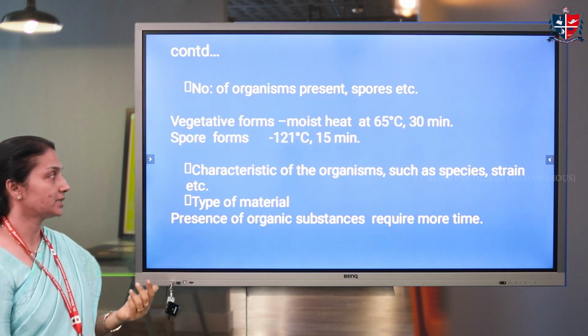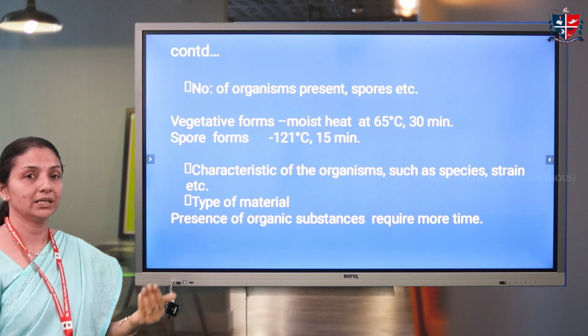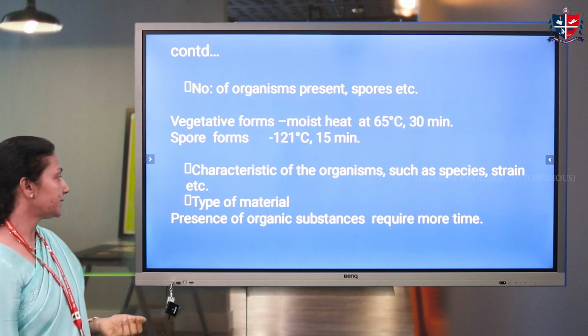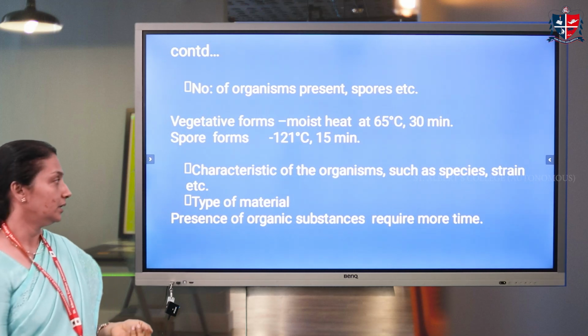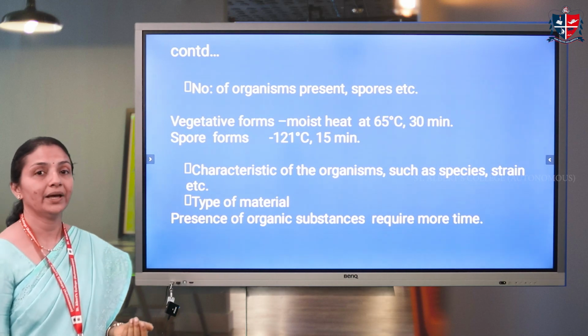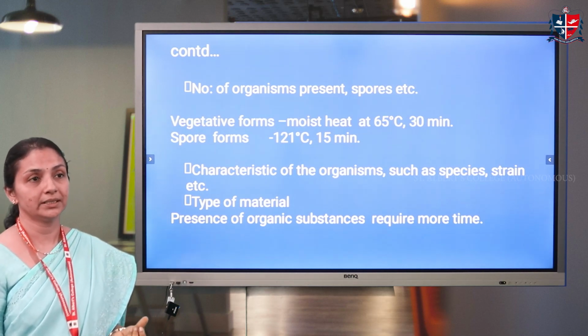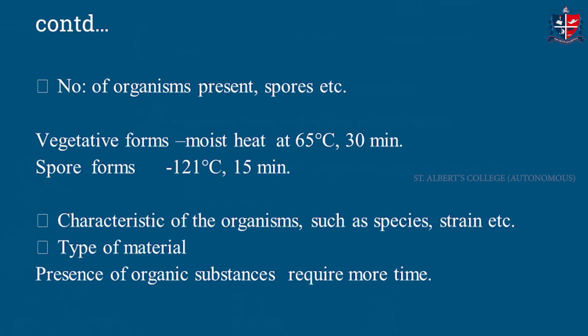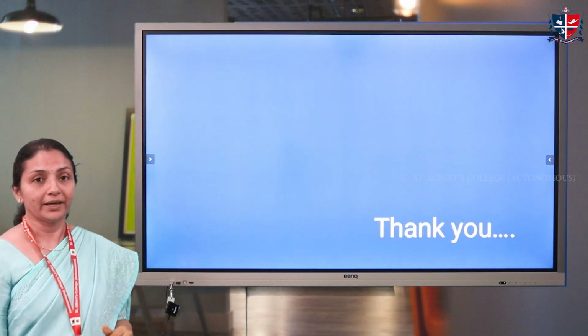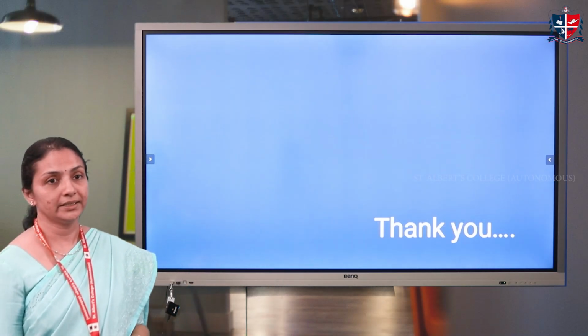So that is the characteristic of the organism, such as species, strain, sporing, etc. Then next, the type of material: the presence of organic material, such as protein content, requires more sterilization time. So those are the different factors which affect sterilization.